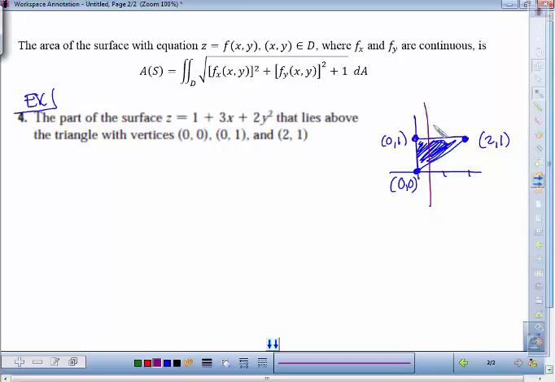But I noticed that if I go with respect to y first, I'm going to hit a function down here, and I'm going to hit a function up here. The function down here is some line that I have to find, and the function up here is y equals 2. But if you go this way, the first function you're going to hit over here is 0.